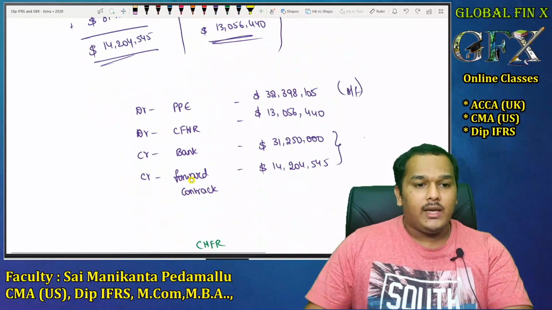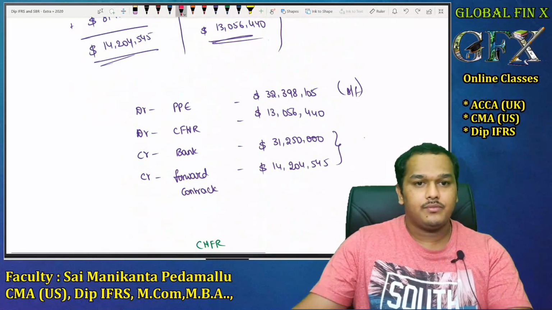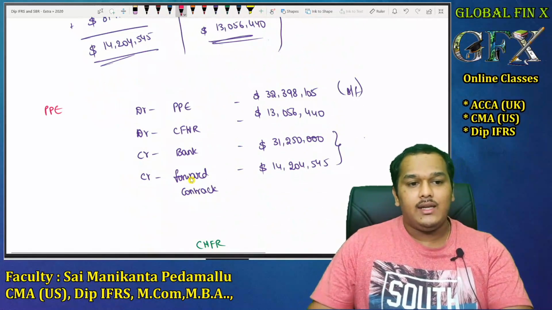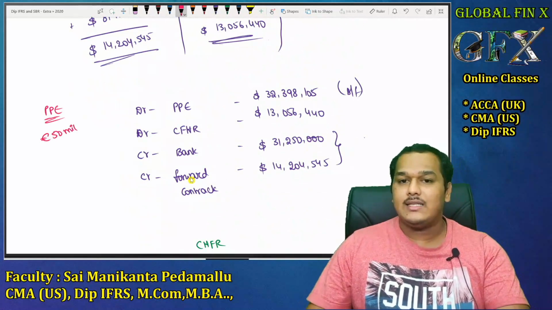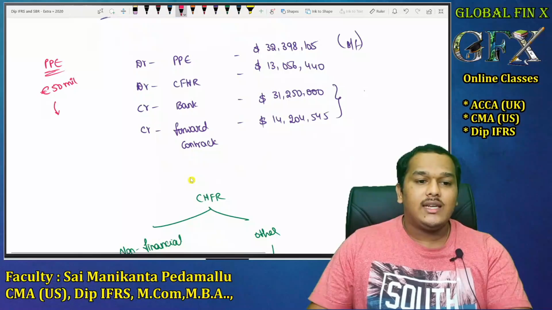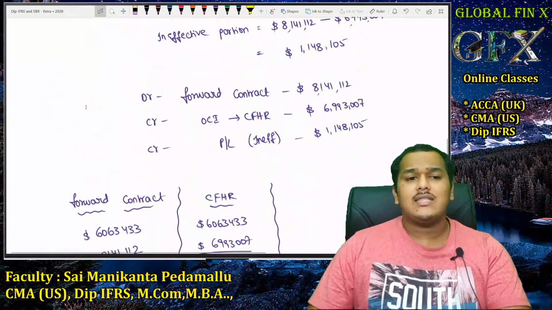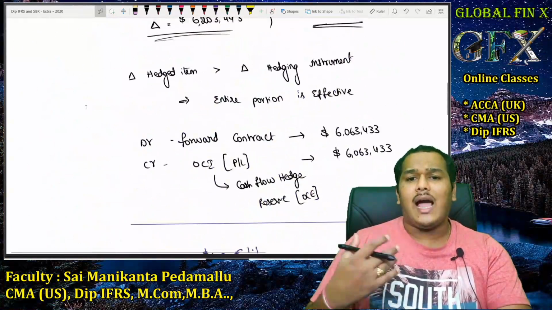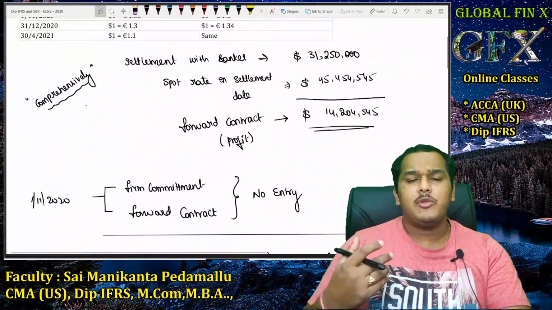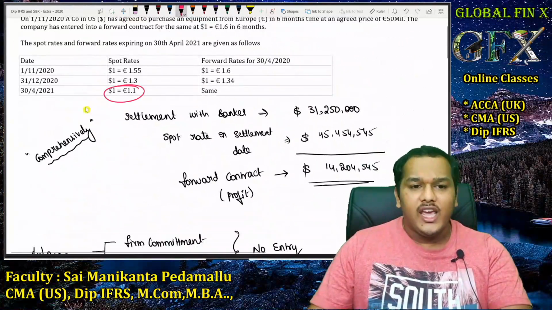Property, plant and equipment. This value shall be 50 million euros, obviously. So let's convert that into dollars using the spot rate at the settlement date. Now, forwards have nothing to do with the actual purchase from your supplier, because your supplier will demand only the spot rate from you. He will demand 1.1 from you.